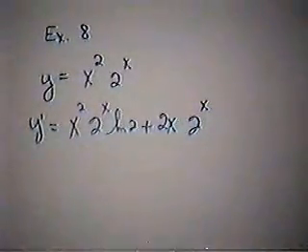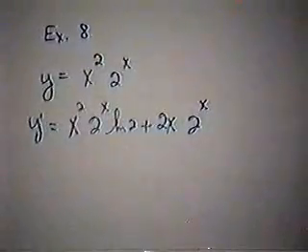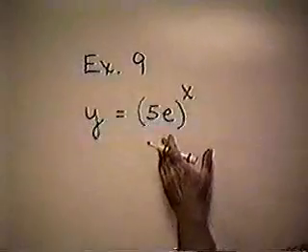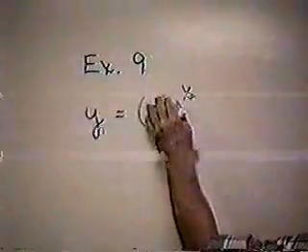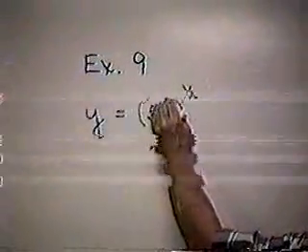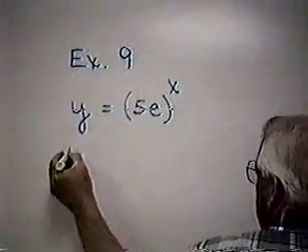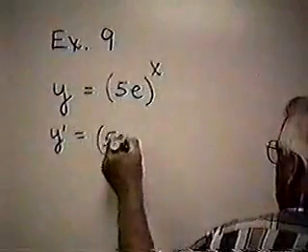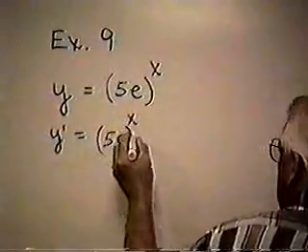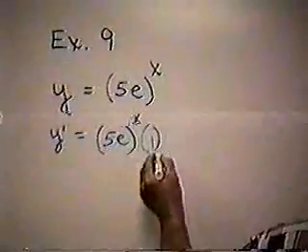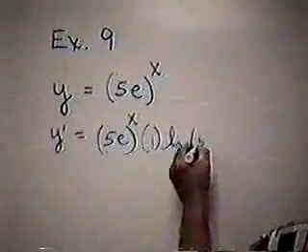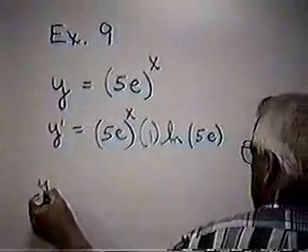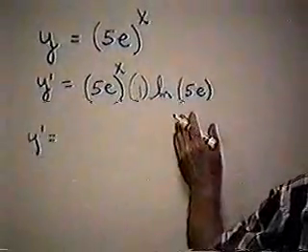Okay, let's look at example 9. All right, now this one, I want you to notice that this is still a known number, some number raised to the power. So the derivative of this is y prime is equal to itself, times the derivative of the power, which is 1, tag on the log of the parenthesis 5e. Now what you need to know is the algebra that you're going to see as the answer in the back.